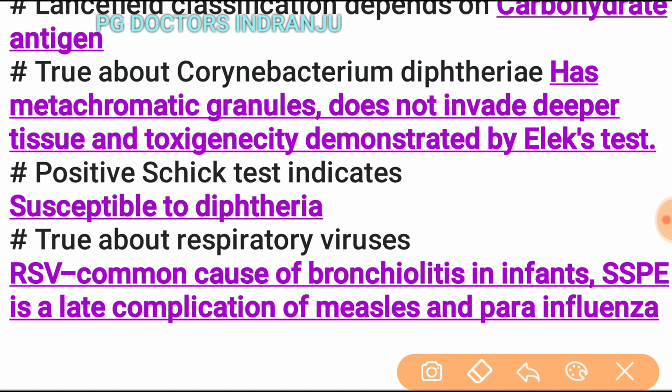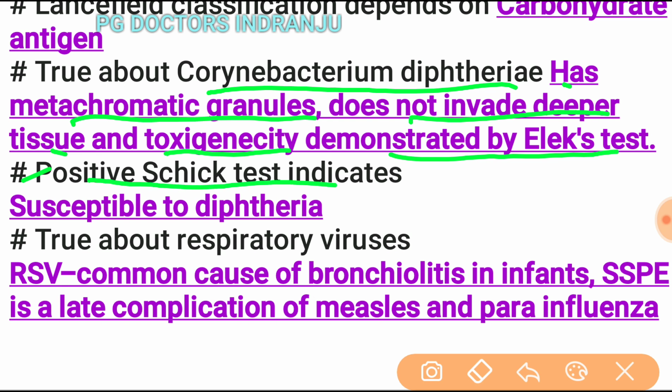True about Corynebacterium diphtheriae: it has metachromatic granules or metaphosphate granules, does not invade deeper tissue, toxigenicity is demonstrated by the Elek test, and it also causes formation of pseudomembrane. Next, a positive Schick test indicates susceptibility to diphtheria.